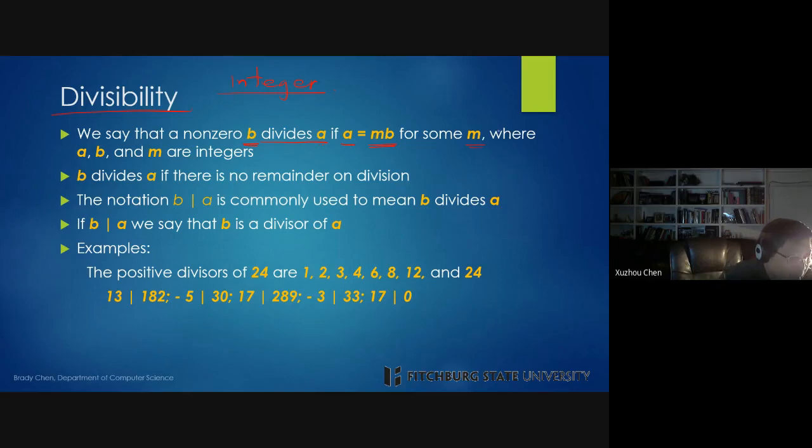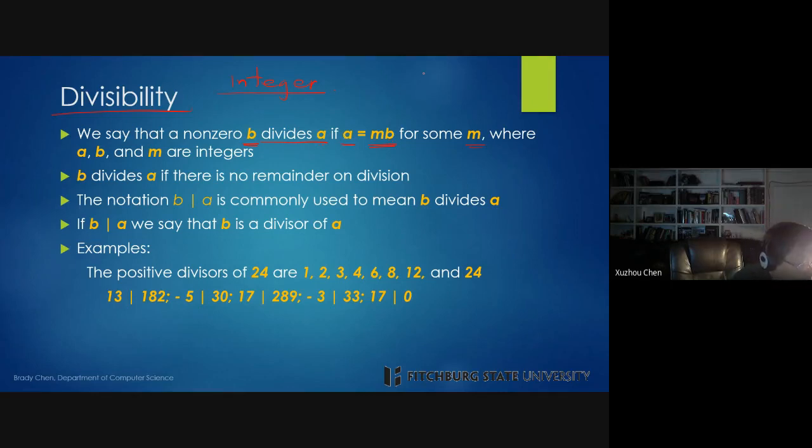So if a can be written as the multiplication of two numbers m and b, then we can say b is a factor of a, and b can divide a. This is pretty simple, right?